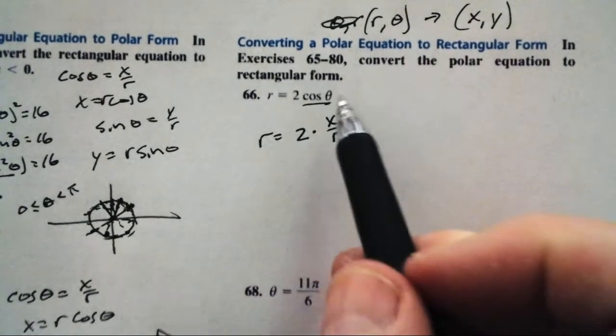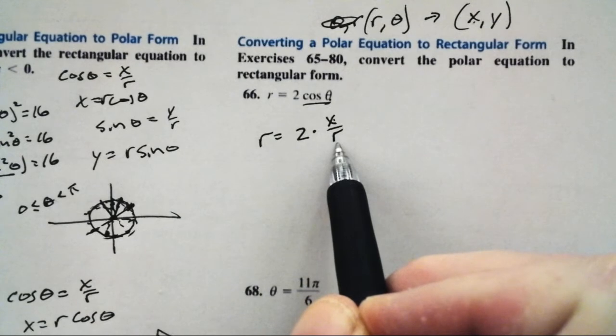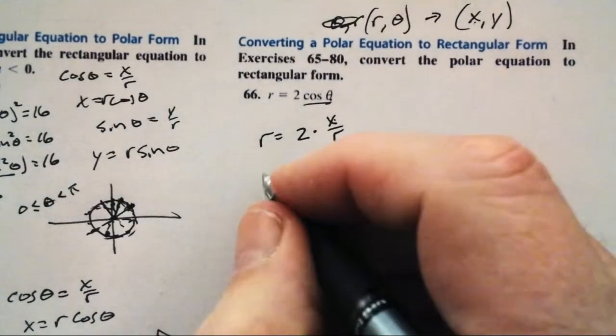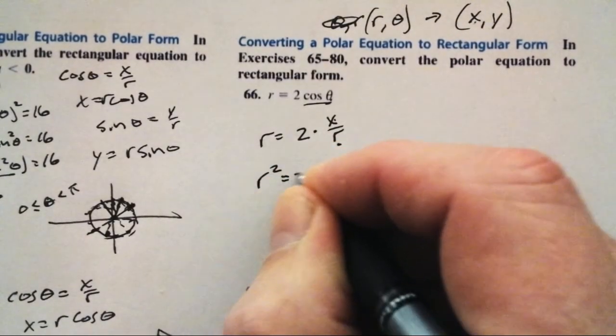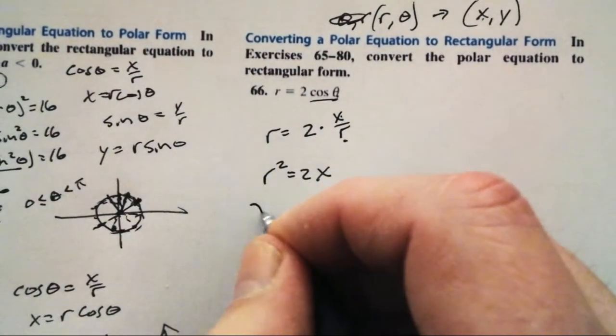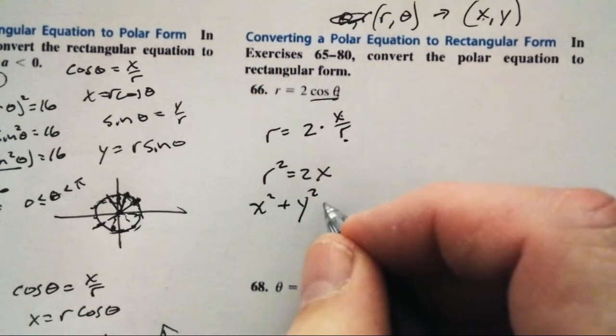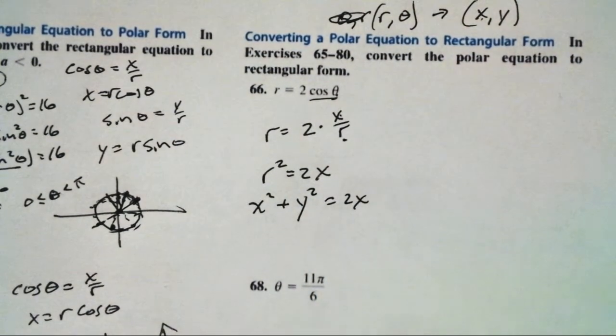And so what's the payoff there? Well, I've at least gotten an x involved, but I still have this r involved. But I could multiply both sides by r and get r squared equals 2x. And that is x squared plus y squared, r squared, equals 2x, which is great.